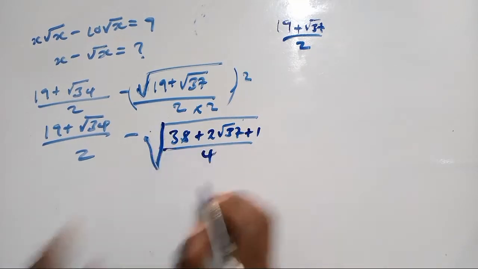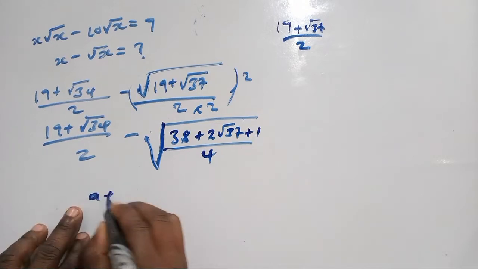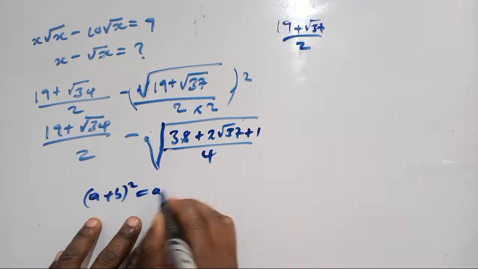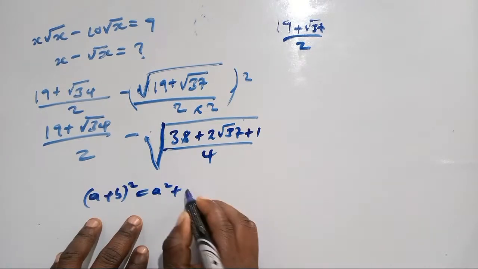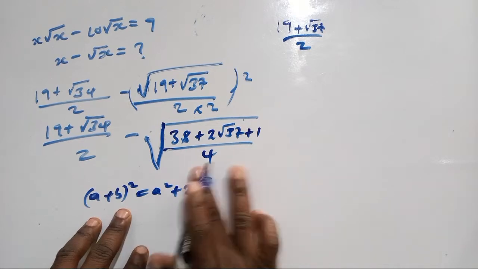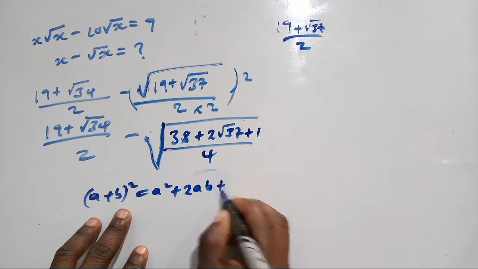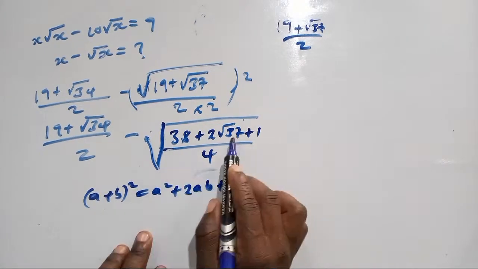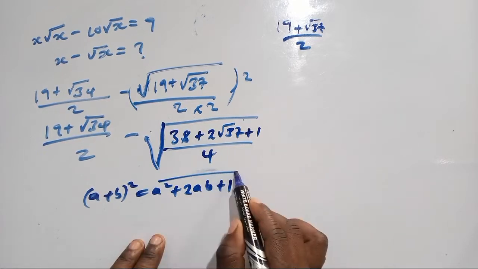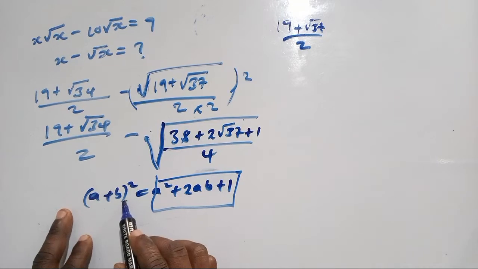Remember, whenever you have a plus b squared, you're going to have a squared plus 2ab plus b squared. This is the same thing which we're having here. So we are going to make sure that this term is back in this term here, right?